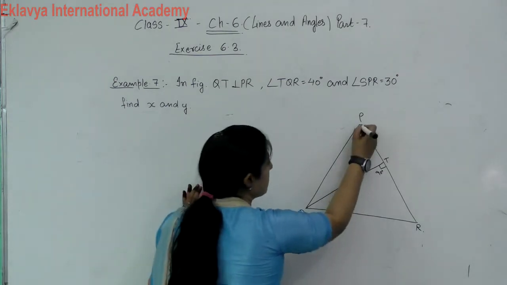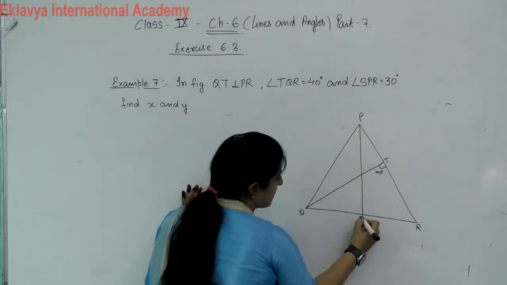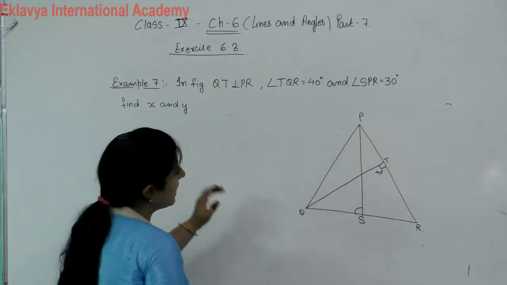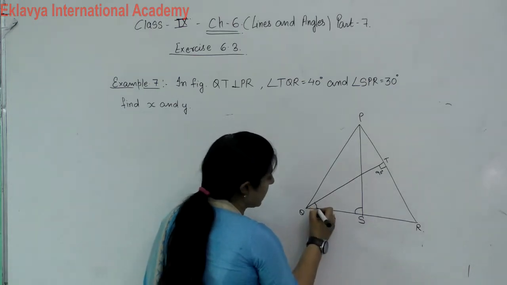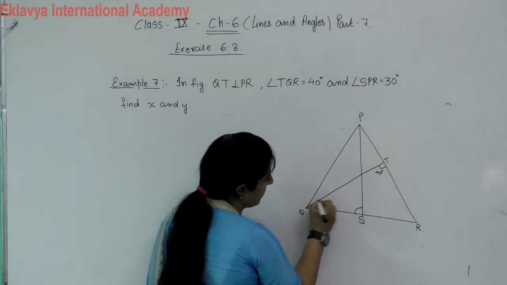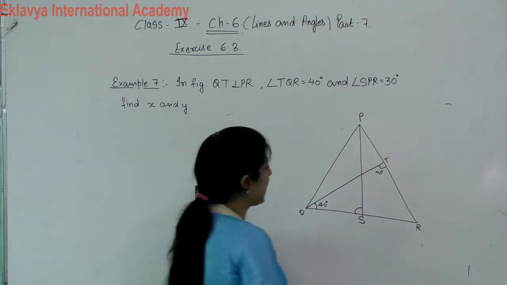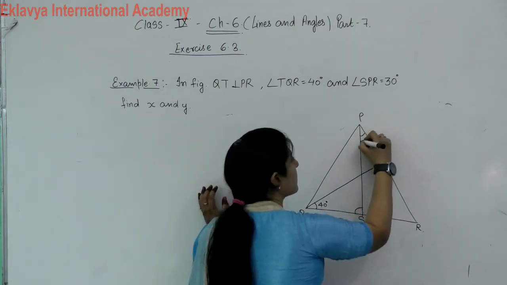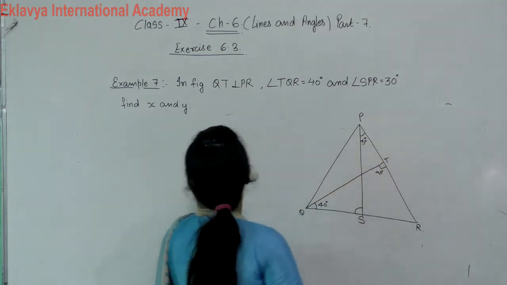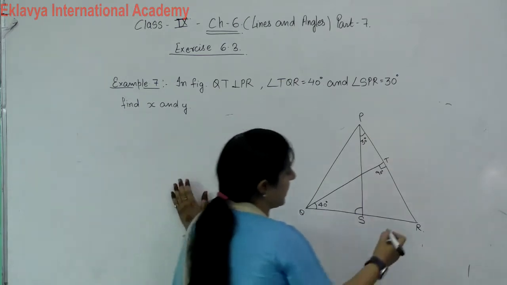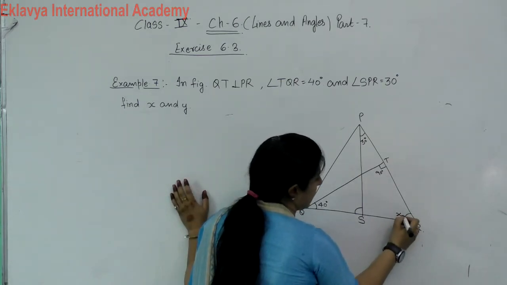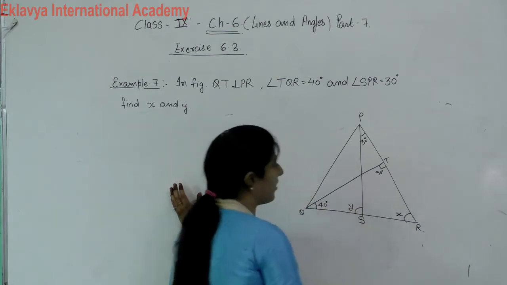There is one more line PS. Now see, TQR means this angle is 40 degrees, and SPR, this one is 30 degrees. Find x and y. This angle is x and this one is y.